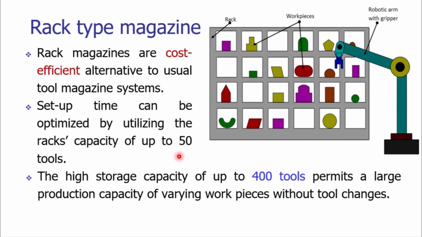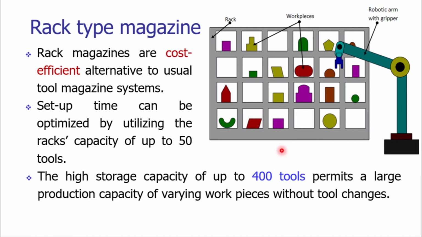Inside the rack, the tools are stored, and we need a robotic arrangement to get the required tool from the rack and then mount that tool in the spindle of the machine. Here you can see a robotic arm with a gripper arrangement which is used to get the required tool. Of course, the racks can be utilized to store the workpiece as well.